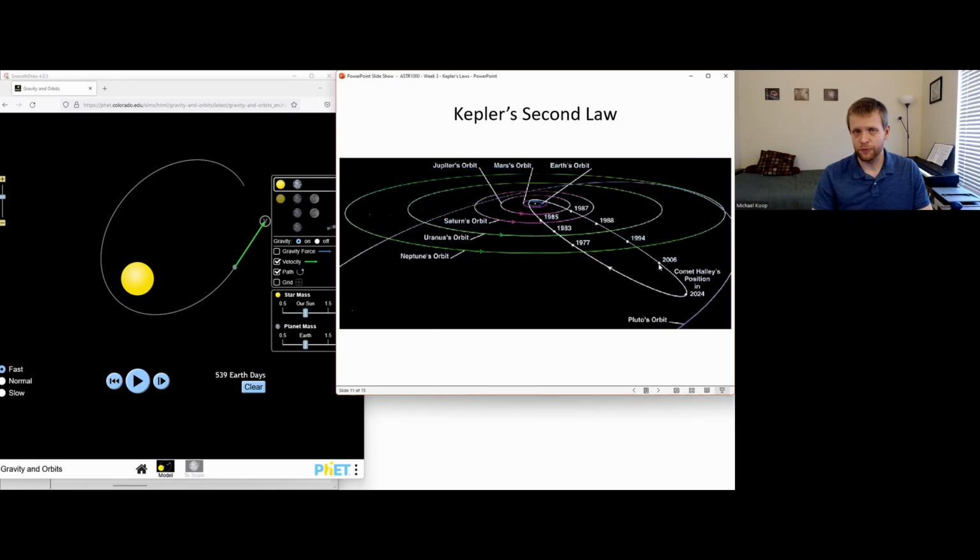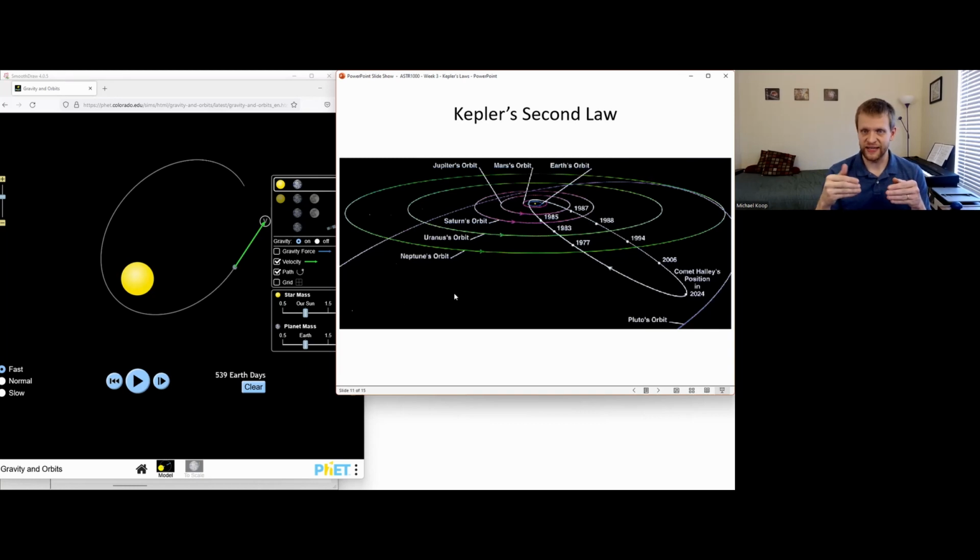Whereas on the outer part of the orbit, from 2006 to where it's predicted to be in 2024, this distance covers an 18-year period, which is probably a smaller distance than was covered in this 2-year period in the inner part of the solar system.